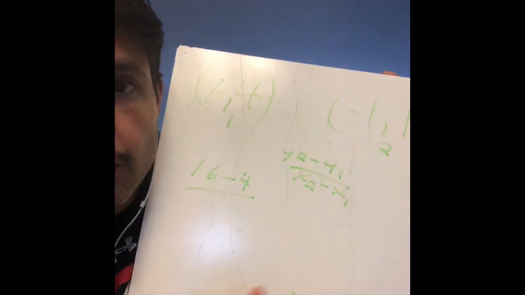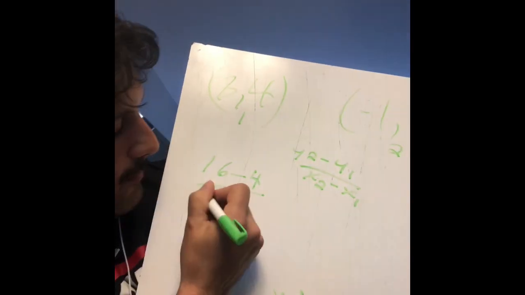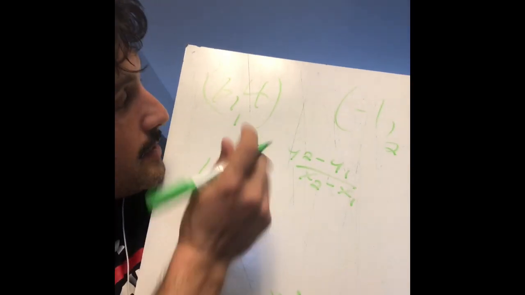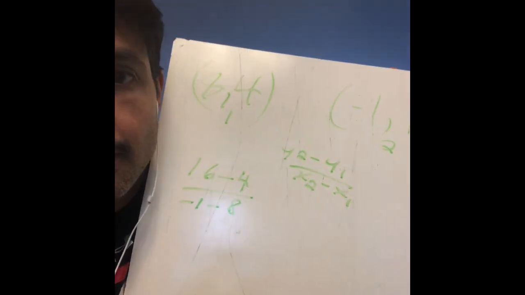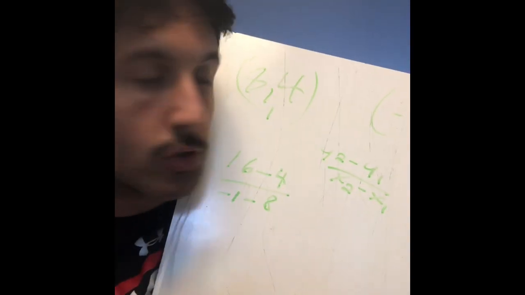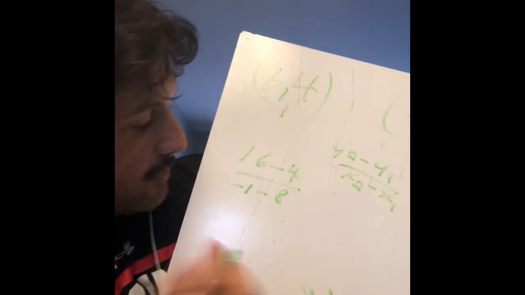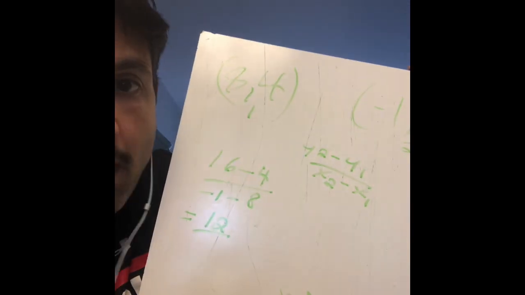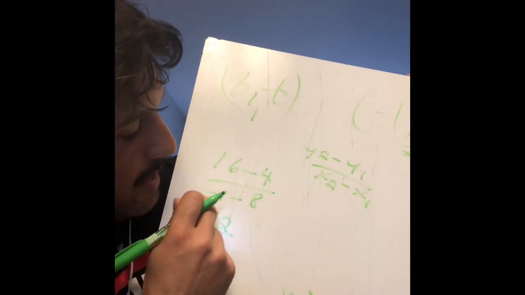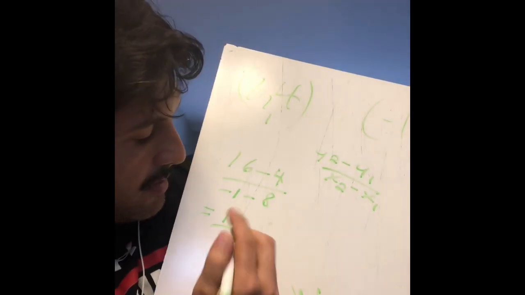Now we have x2, which is a negative 1, minus x1 is an 8. So now it's straight subtraction. 16 minus 4 is 12. 12 over negative 1 minus 8 is negative 9.